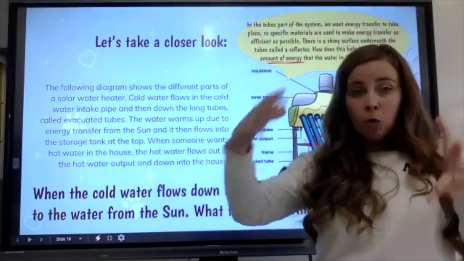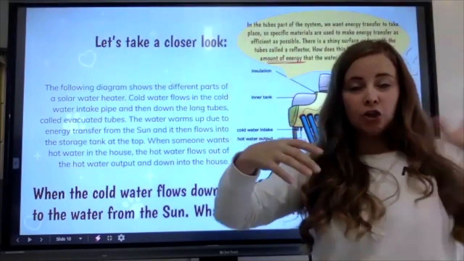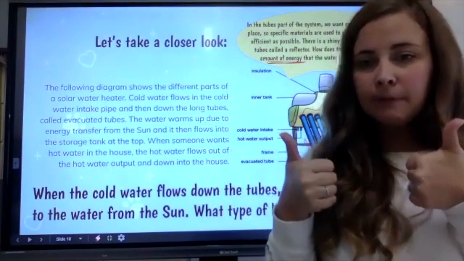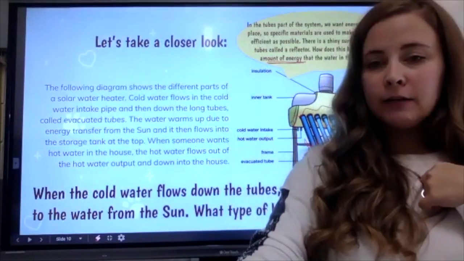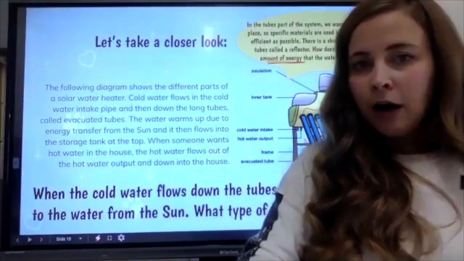So you're getting more than just one source of radiation. You're also getting the reflected radiation. Does this make sense? Yes, make it kind of like a greenhouse. It's a good idea. All right, are we making sense?